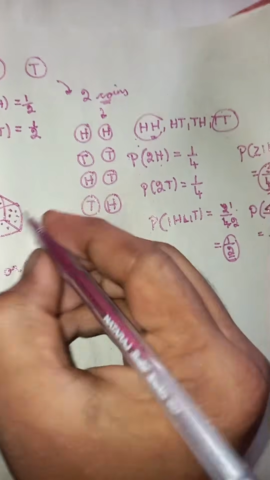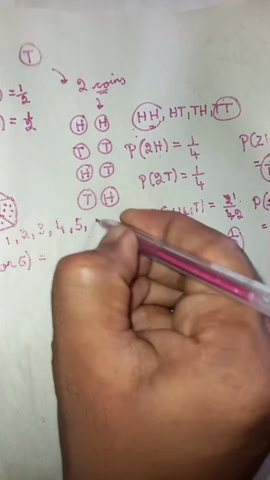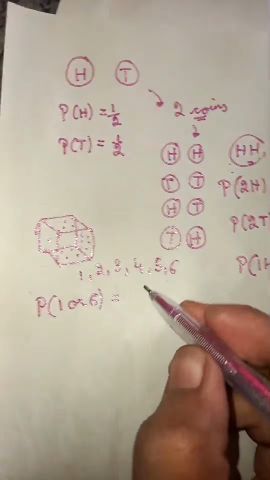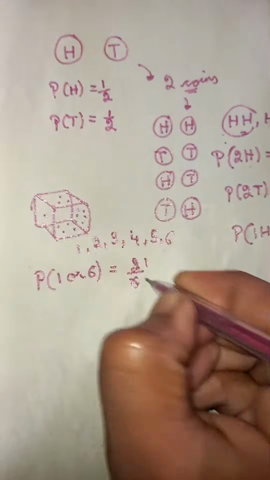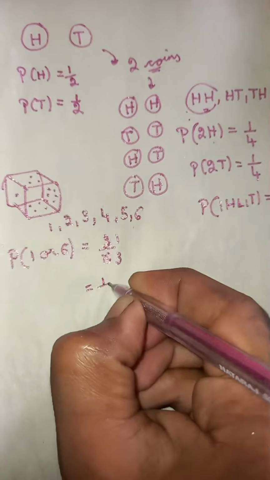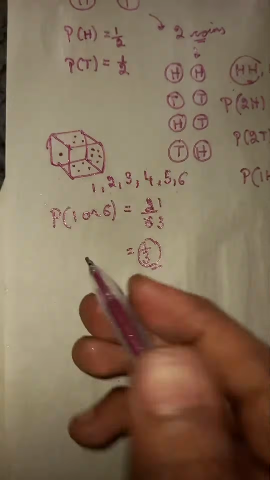You have two chances in six chances. So you write it as 2 by 6, which is 1 by 3.